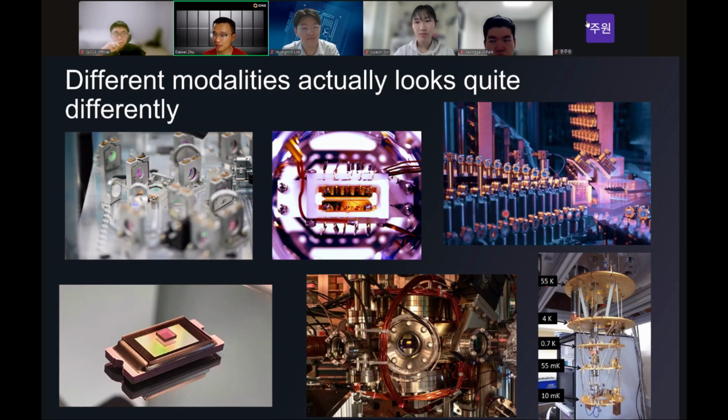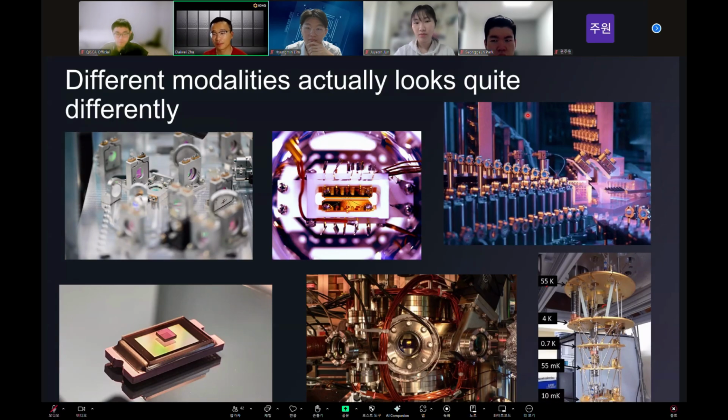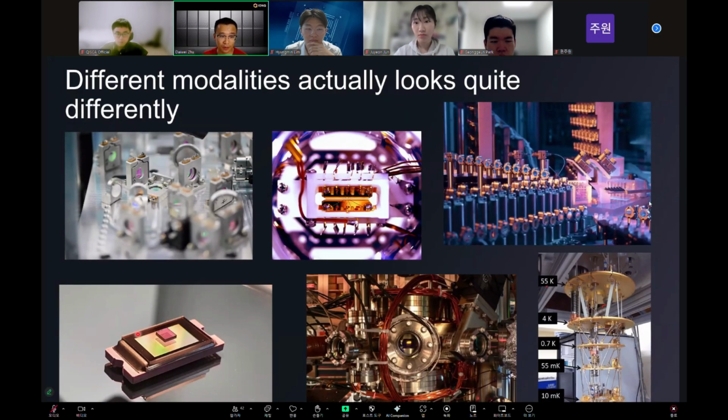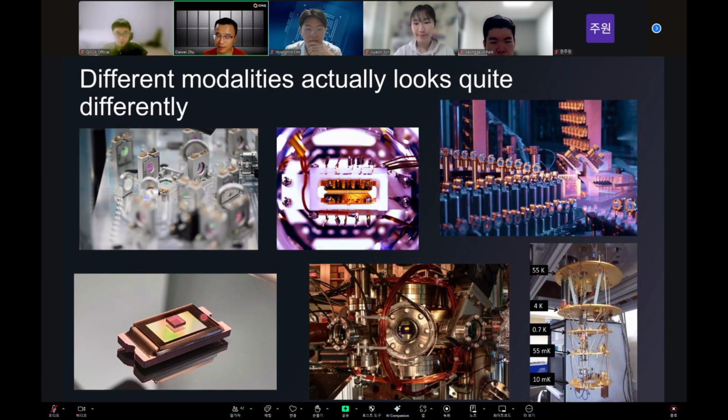And you have a photonic quantum computer that looks like this. This is one of the quantum computers from USTC China. It's a picture they took from their lab when they did one of the first photonic quantum supremacy experiments that was published, I think, in Science. And this is a silicon quantum dot quantum computer.